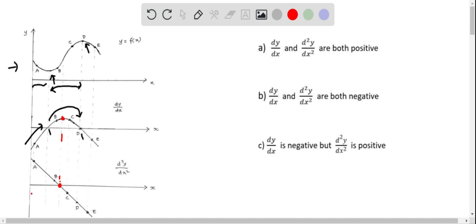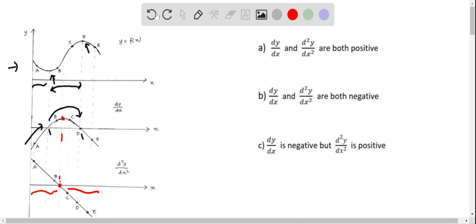So from this interval to this interval I have drawn it as positive, and after which it is negative. So after the point where the slope of the first derivative is 0, I have drawn it like a straight line.